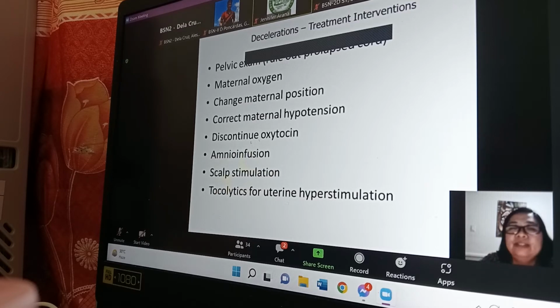For all types of deceleration, we have to perform pelvic examination to rule out any prolapse of the cord, provide maternal oxygen, change the maternal position, correct maternal hypotension, discontinue oxytocin, amnio infusion or assist the doctor during amnio infusion, scalp stimulation, and tocolytics for uterine hyperstimulation.